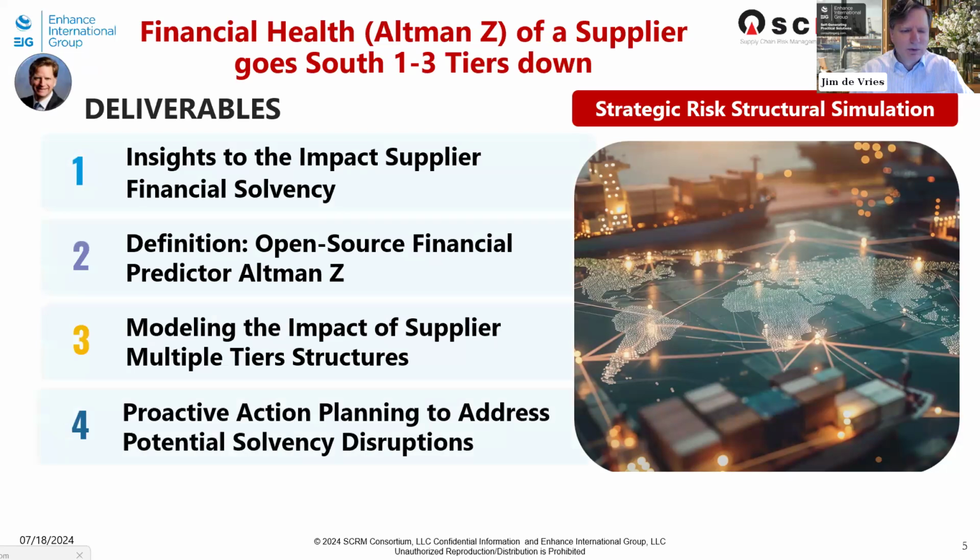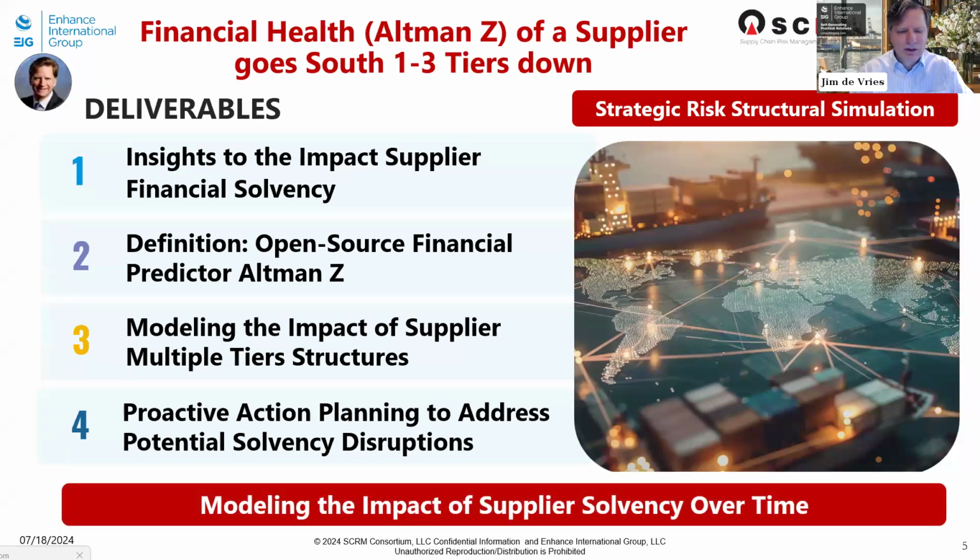And then we'll get into some action planning to address potential solvency disruptions. So overall, we're going to be able to model the impact of supplier solvency over time. Like I mentioned, we'll get into showing you some statistics on suppliers when we kick off the webinar.